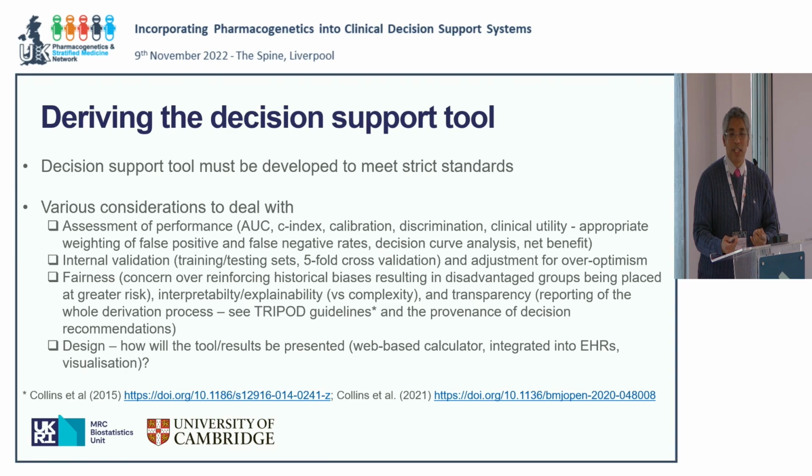We also want decision tools which are, for the most part, if we can, interpretable and explainable. So there's a trade-off between complexity and interpretability that we need to balance. And these models should be transparent, as well as the process of developing these models should be transparent. There should be a trail, a provenance, to how these decision recommendations were made based on our models and how these models were developed.